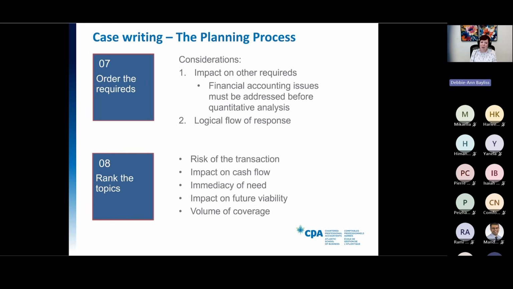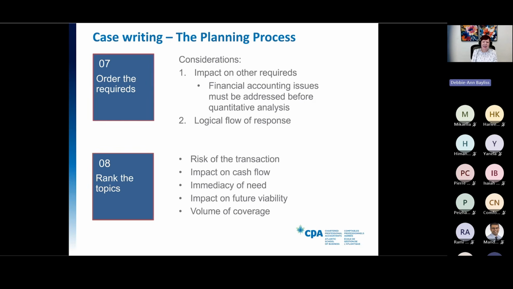So let me provide a specific example: if you have financial reporting issues, those need to be analyzed first. You need to implement your recommendations, make the appropriate adjustments before you perform any other quantitative analysis.